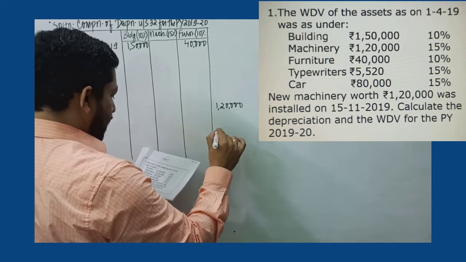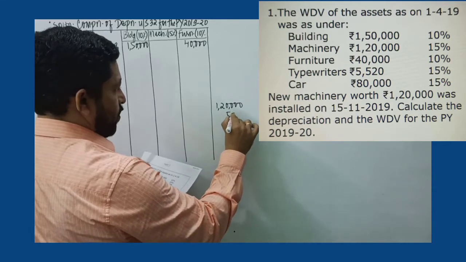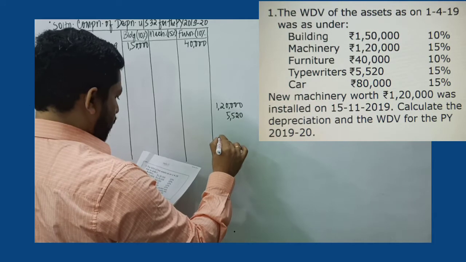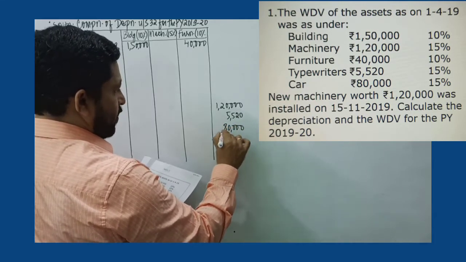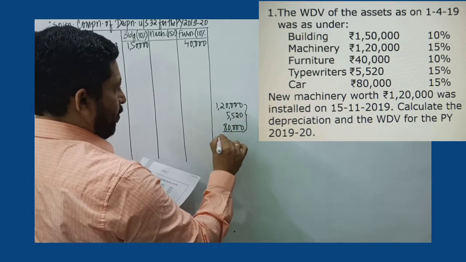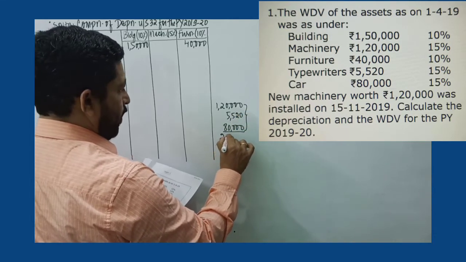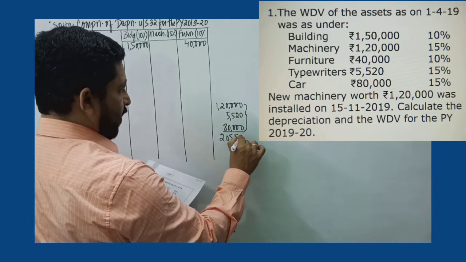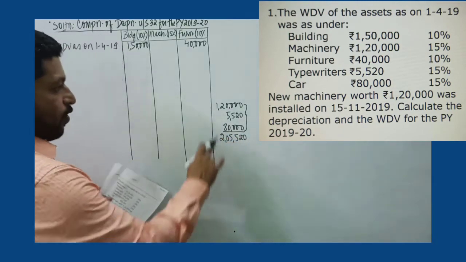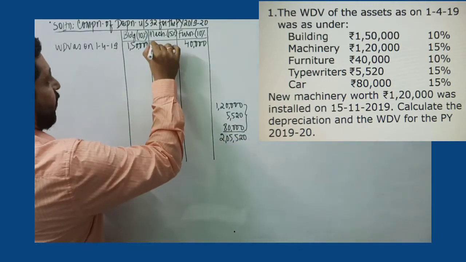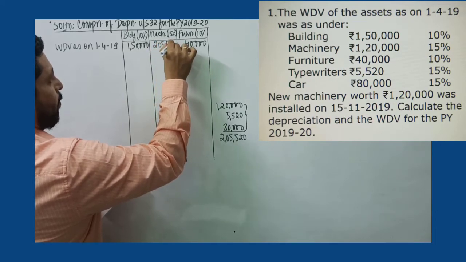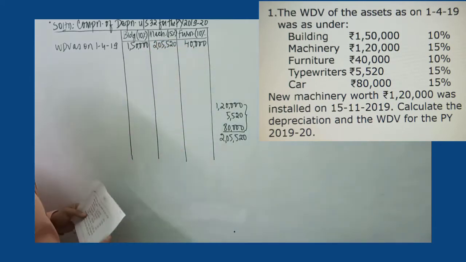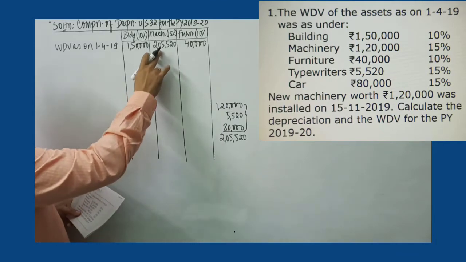Then we have typewriter, which is 5,520 opening value, and then we have car worth 80,000. So these three can be combined as one block and the total value would be 2,05,520. So 2,05,520 will be the block value, opening value of plant and machinery.